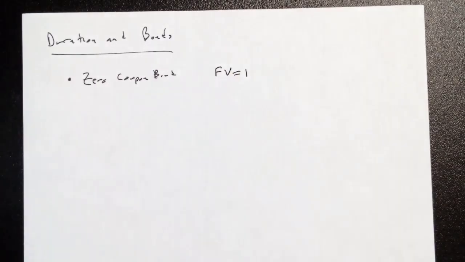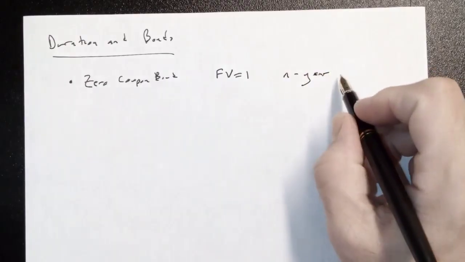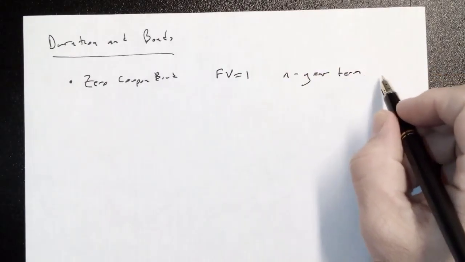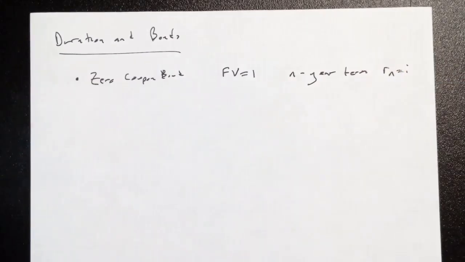If I've got a future value of 1 for a zero coupon bond, we're going to have an N-year term. And that means we'll have a spot rate, Rn. Let's call that I. What's my present value?